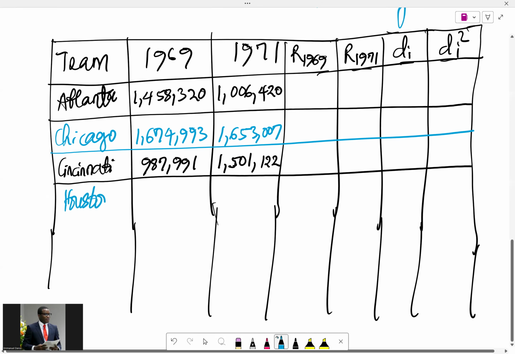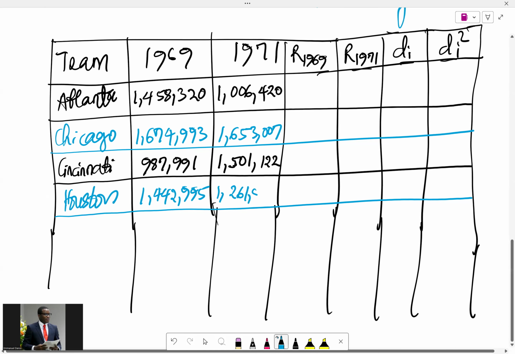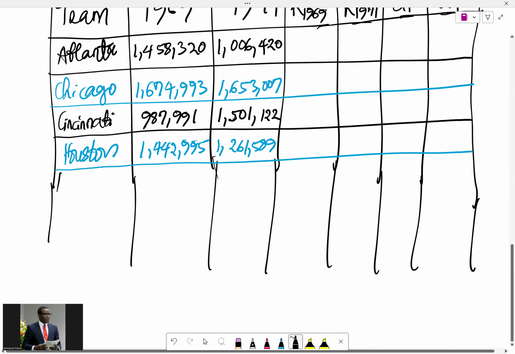For Houston, in 1969 it was 1,442,995. And in 1971, Houston's attendance was 1,261,589. Then we go for the next one, which is Los Angeles.